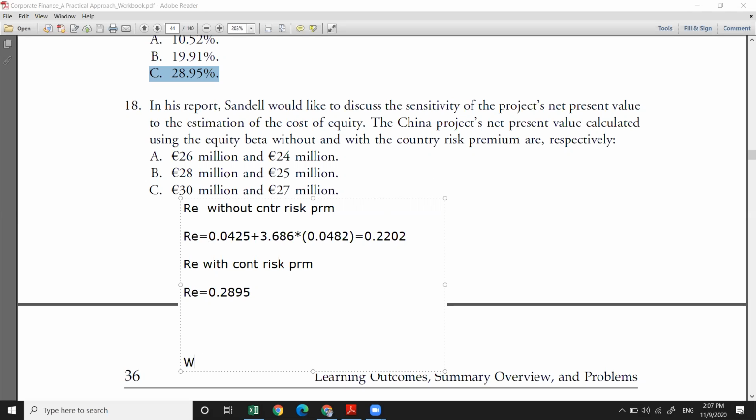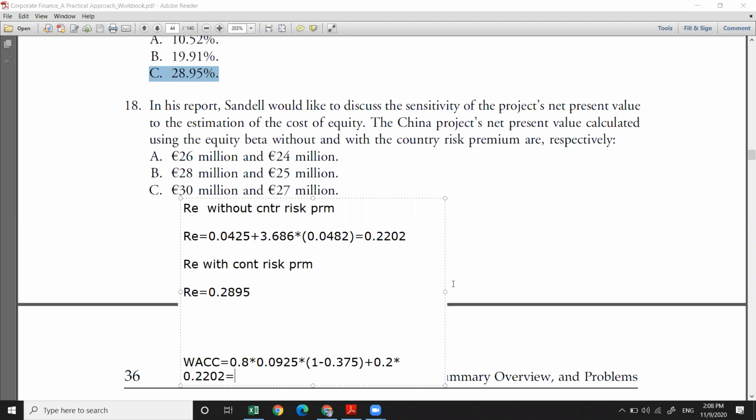So the WACC without country risk premium is equal to, if you consider the same proportion of debt, 80 to 20, times 0.0925, adjusted to tax rate, 1 minus 0.3075, plus 0.20 times 0.2202.